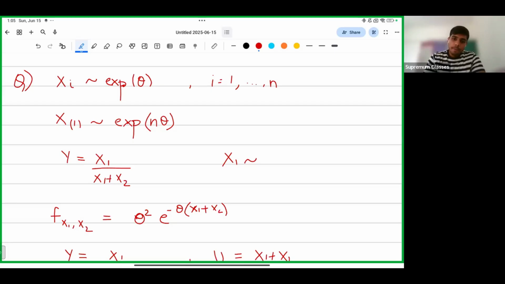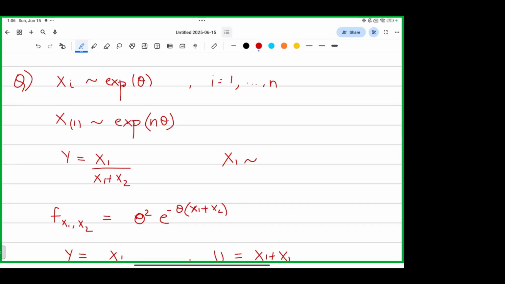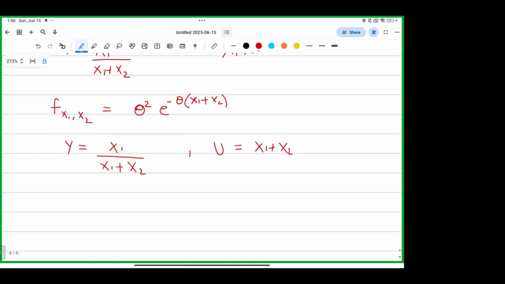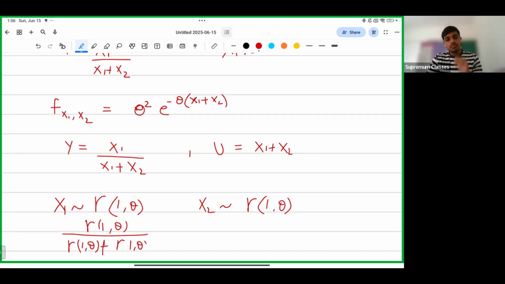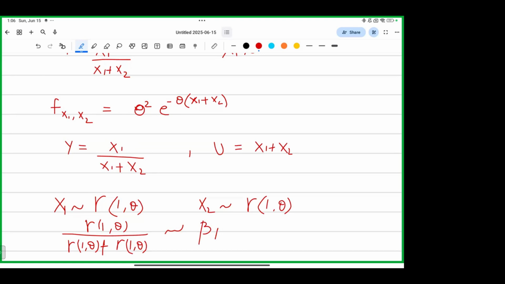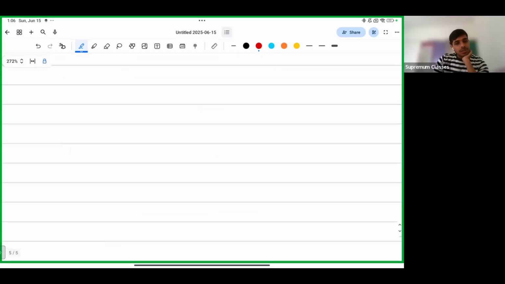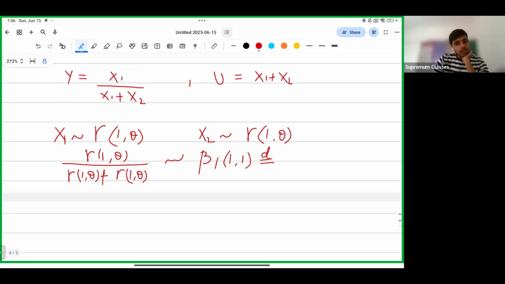Okay, so we can say that x1 follows... This would follow beta 1, where 1 comma 1. Is beta 1, 1 something else also? Uniform 0 comma 1, uniform 0, 1 as well.